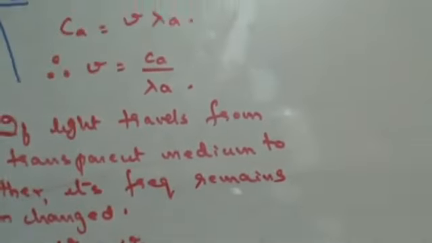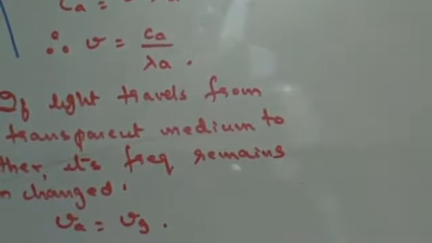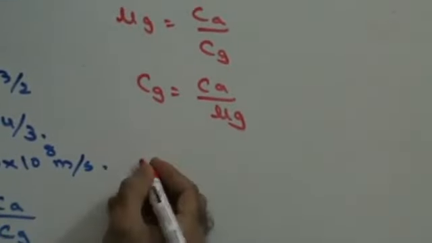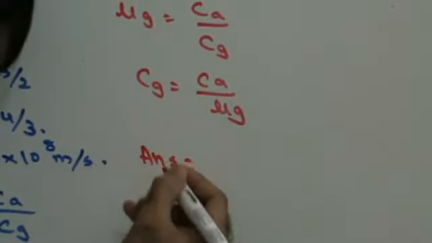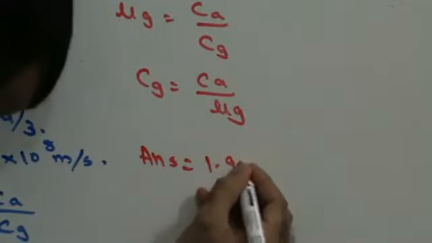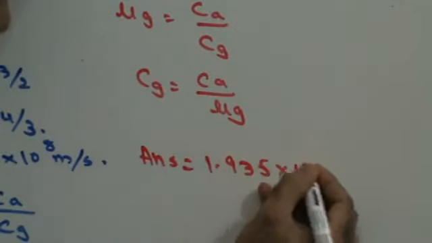They've asked me to find out velocity in glass also, for which my answer should come out to 1.935 into 10 raised to 8 meters per second.